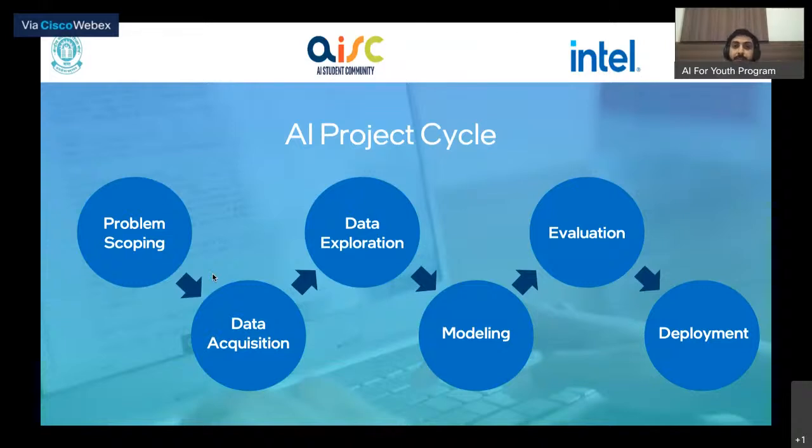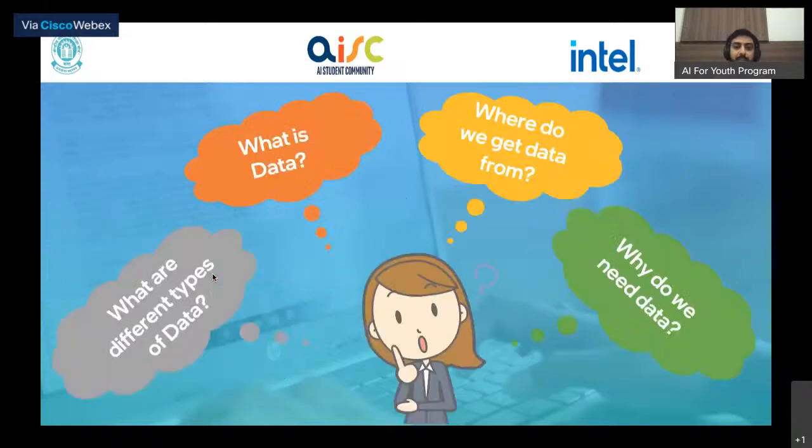Like I said, the objective of this stage is to collect data. So let's speak a little bit more about the data, right? What is data? Data is nothing but information, the raw facts, the raw information based on which you learn.